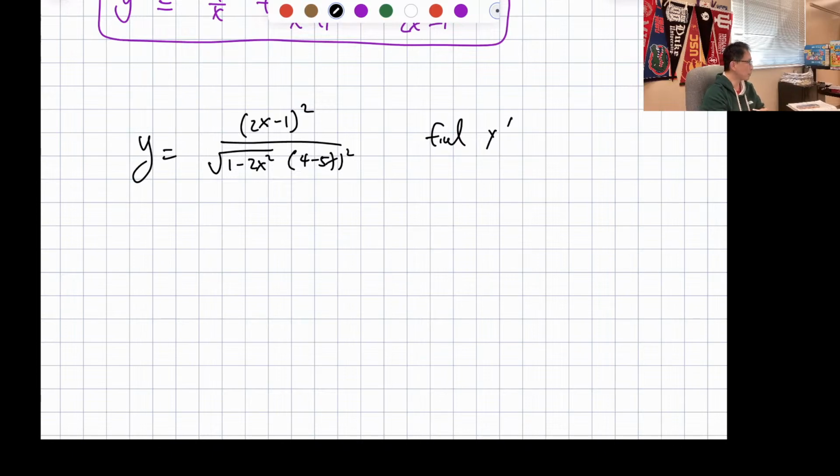Now, what's the difference between this question and the last question? There is no natural log, right? So if there's no natural log and I were to take the derivative of this with brute force, what kind of problem are you going to meet?